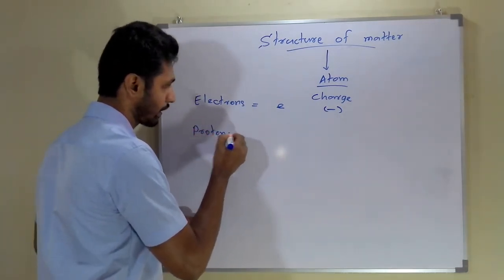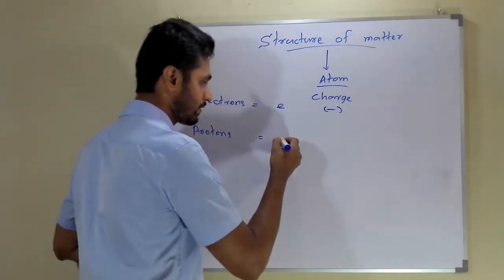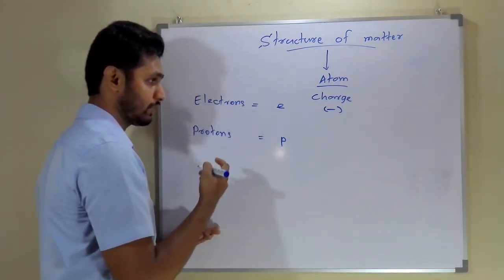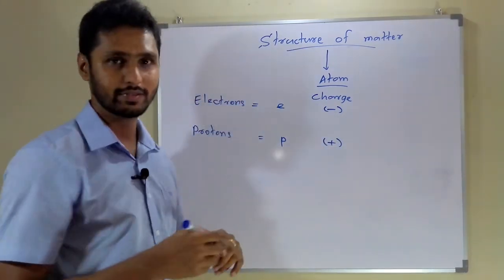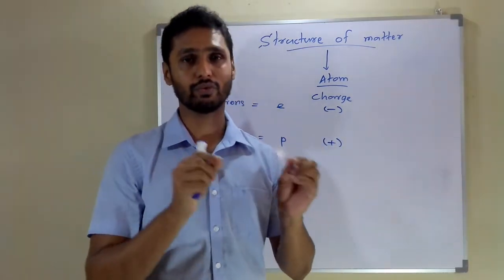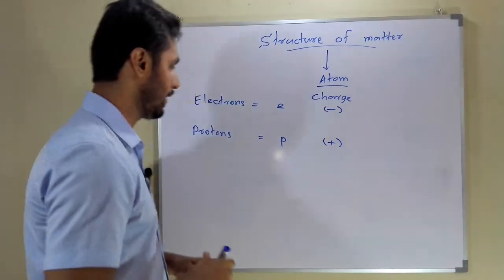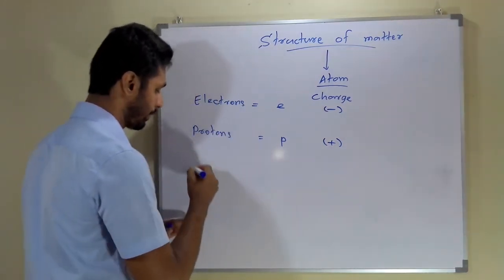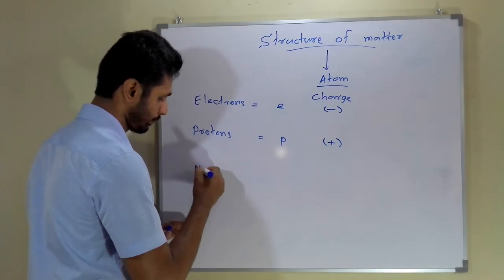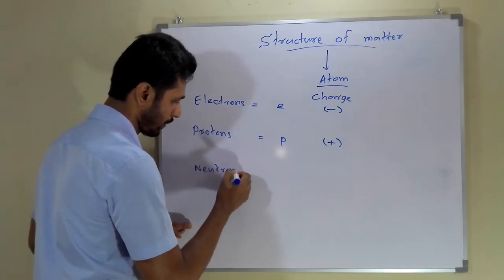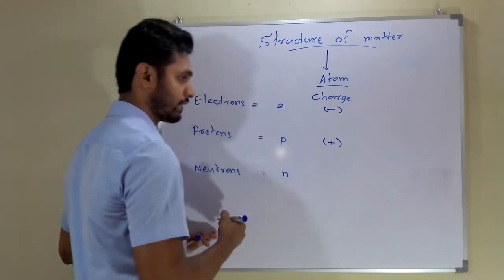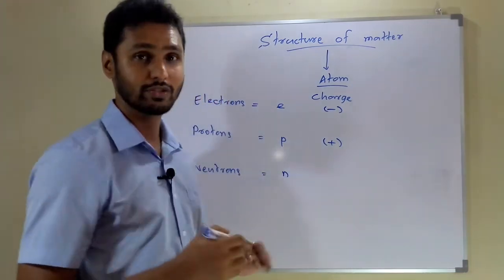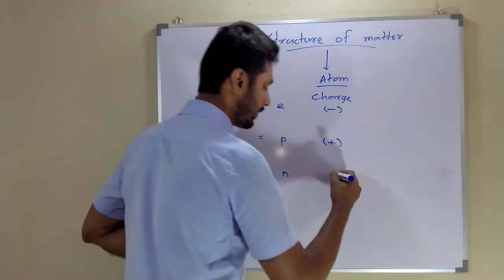And let's see about the protons also. Protons, we use the simple P, and these protons are positively charged. You can say that is +1. There is no problem. The other subatomic particle is neutron. Neutrons are symbolized with simple N letter, and there is no charge of a neutron.